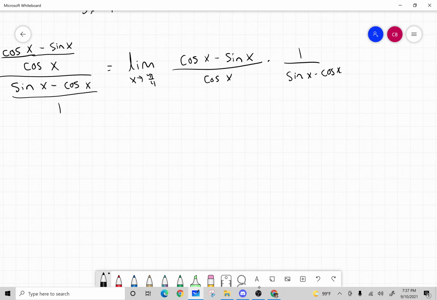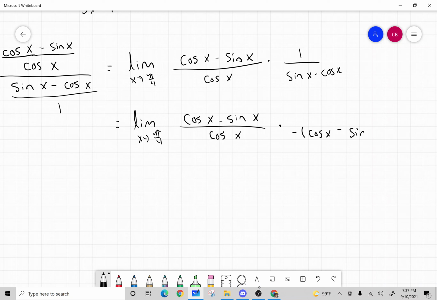And then from here we can go, okay, well this is just the limit as x approaches pi over 4. We can factor out a negative from either here or up here, and we'll get it to be the other one. So let's do that. We have cos x minus sine x over cos x, and then times cos x minus sine x over 1. Okay, and now we do our famous cancel cancel move.